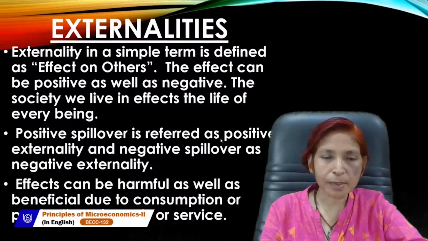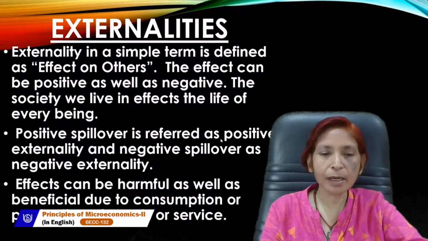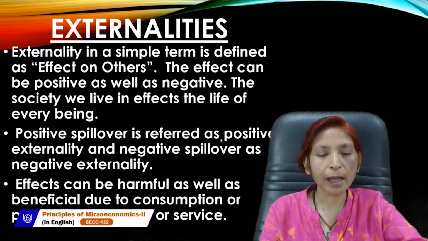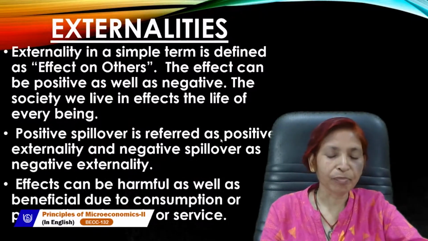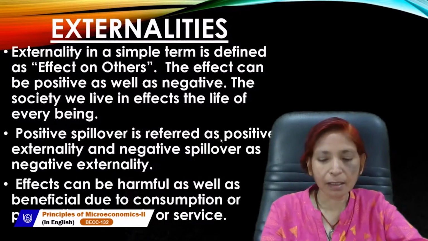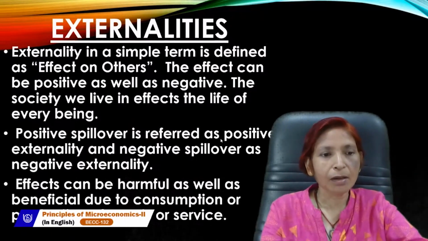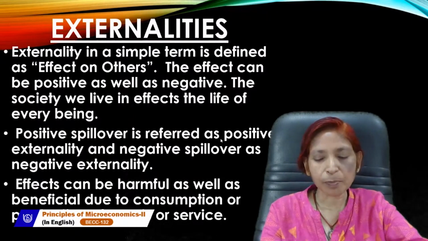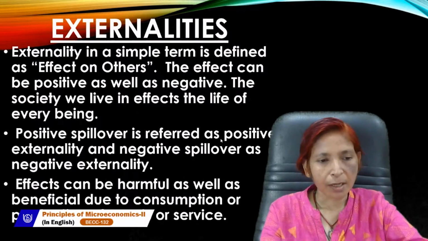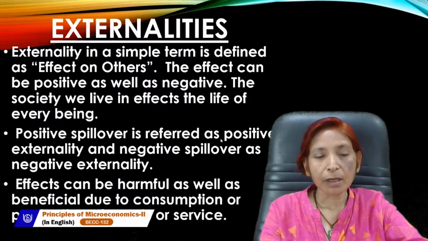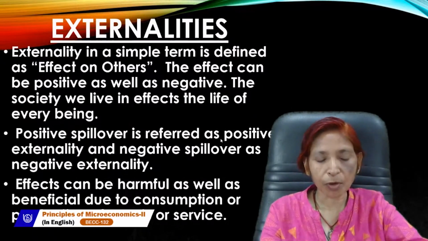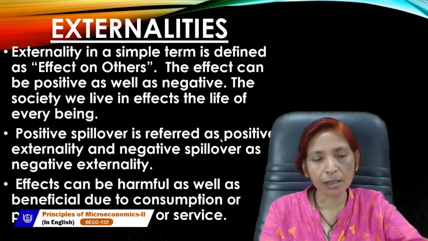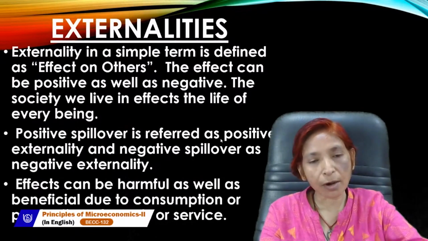Externalities has two types. One is positive externality and second is negative externality. Positive externality refers to the spillover positive effects on others. And if there are negative spillover effects on the society, like the pollution effect, pollution always affects everybody.